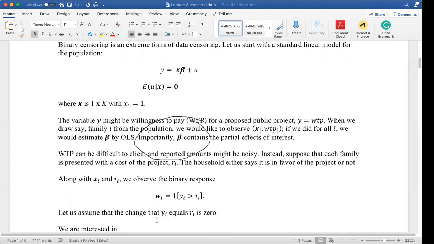Let us assume that the chance that y sub i equals r sub i is 0, just to make it simple.